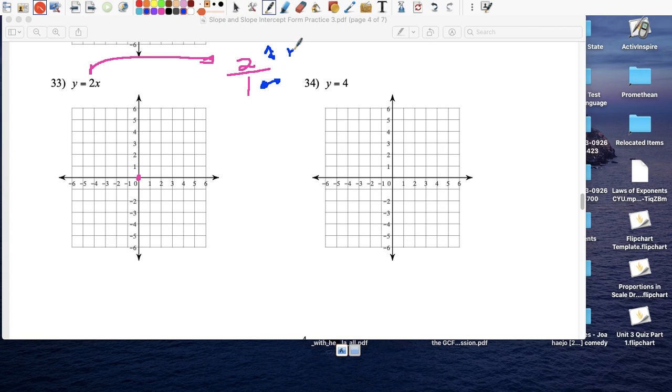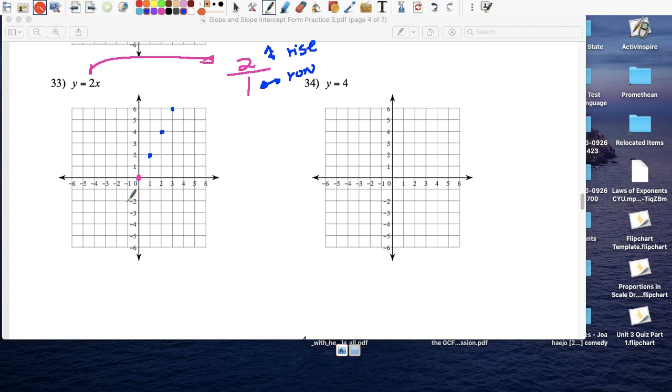So eventually, I guess maybe next year your teacher will say rise over run. From our y-intercept, let's go up 2. And because it's positive, we have to go to the right 1. You want another point? Go up 2, right 1. Go up 2. And just do the reverse if you're going on the other side.